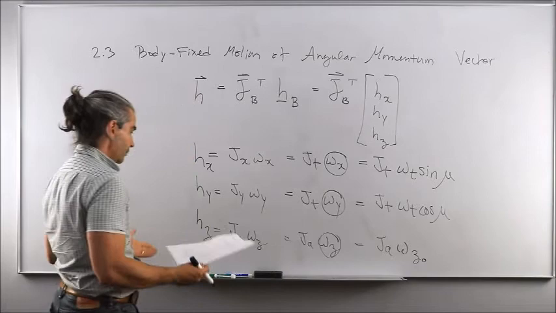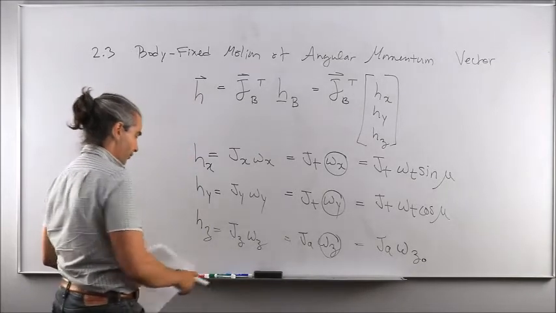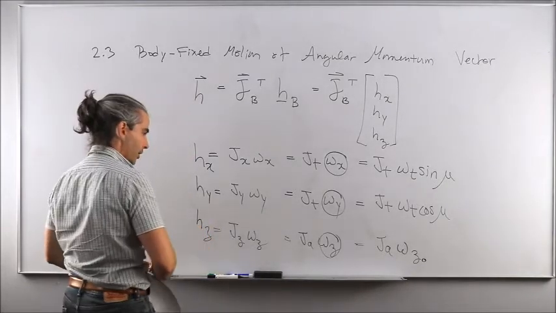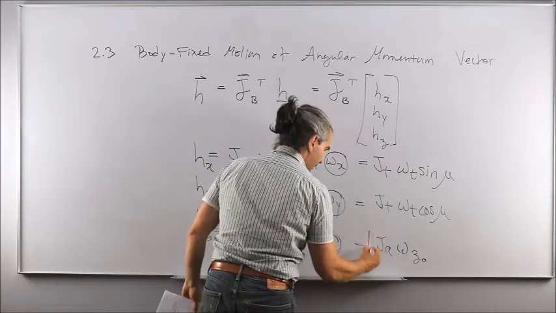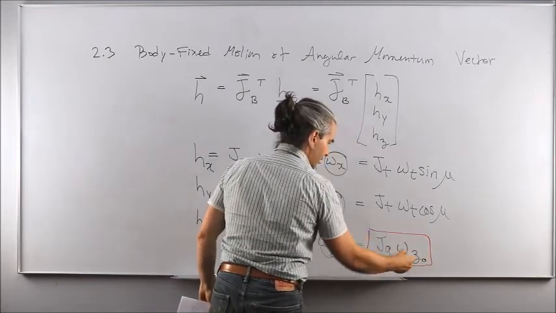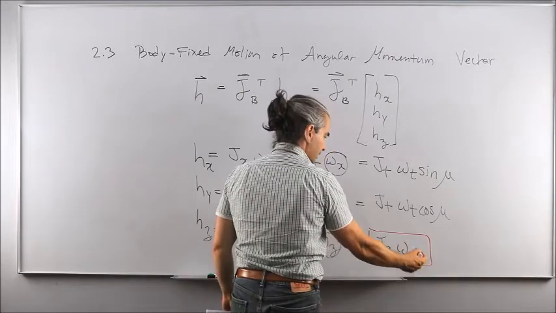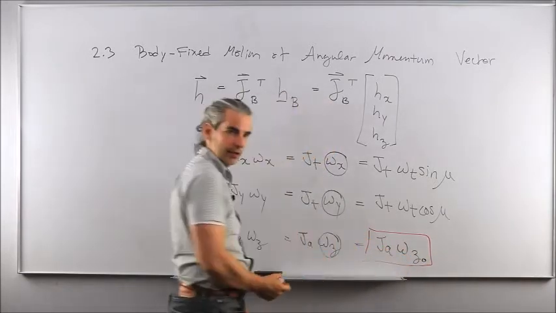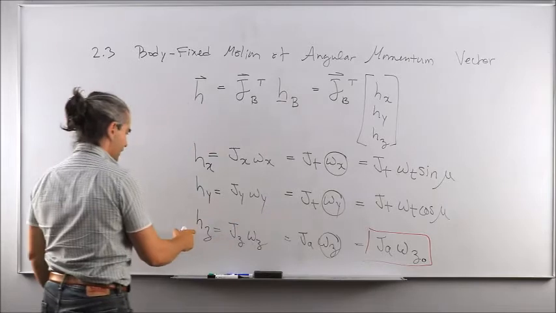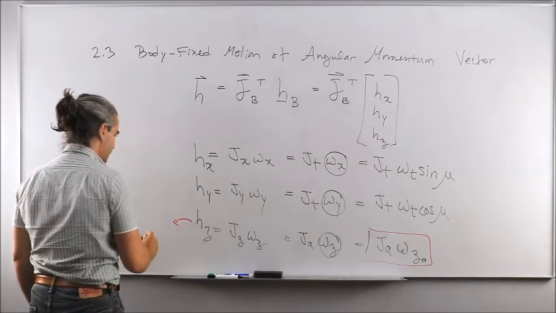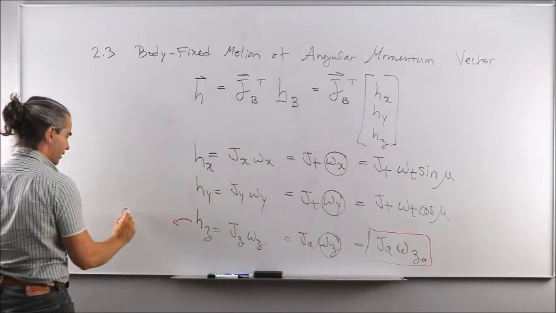So, what can we say about that? Well, the first thing is that we could look at the z equation and realize that, because omega z was a constant and equal to its initial value, this constant times Ja, which is a constant, implies that hz is similarly to omega z a constant.